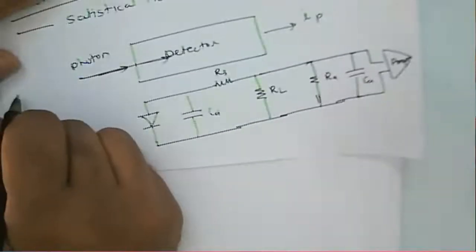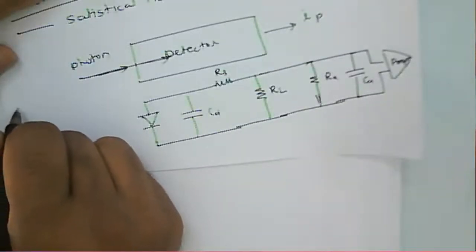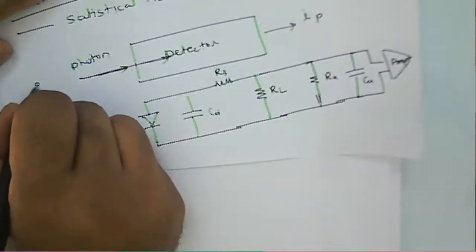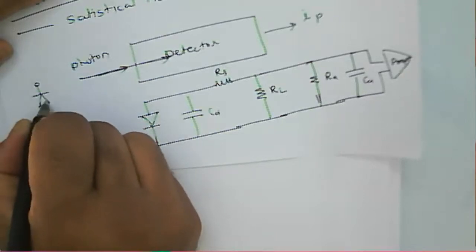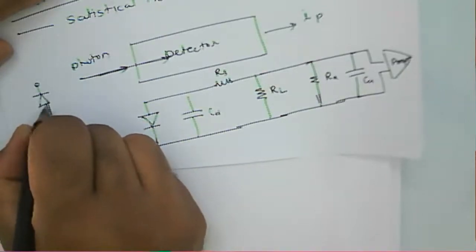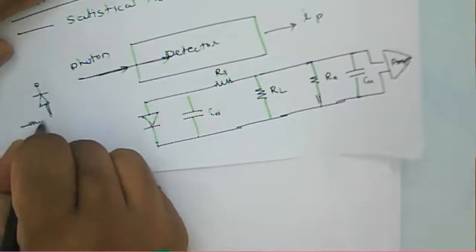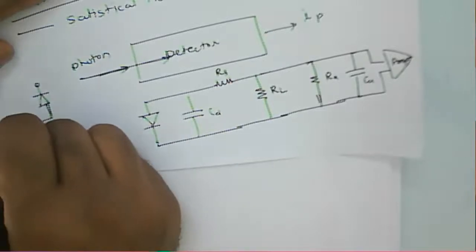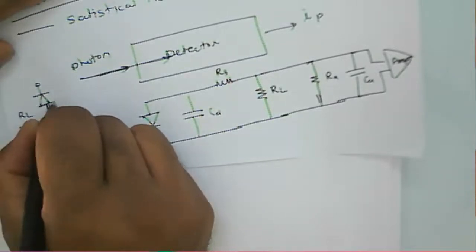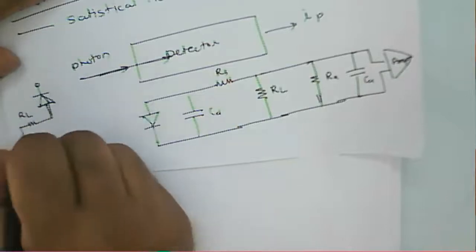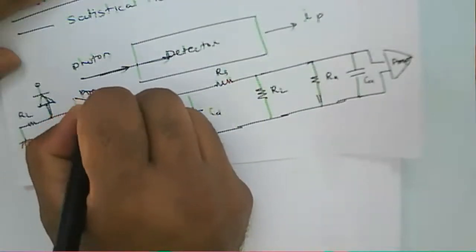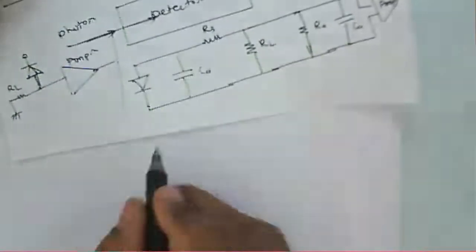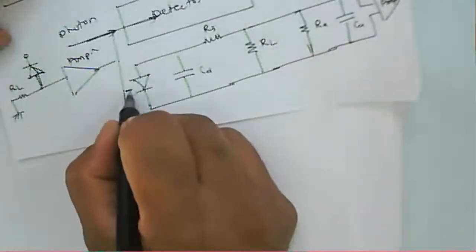Generally, how your detector works, we have mentioned earlier, is the bias voltage. This one is RL, and then we have the amplifier. This is the circuit, and this is the equivalent circuit.